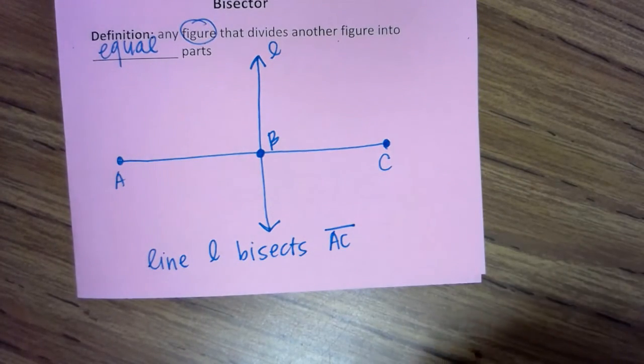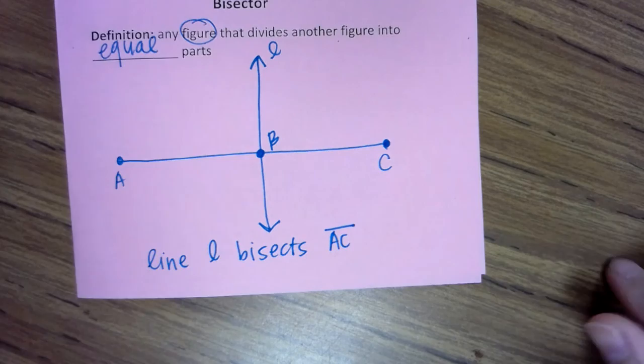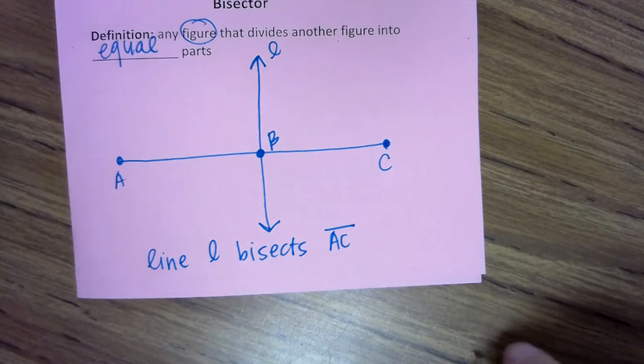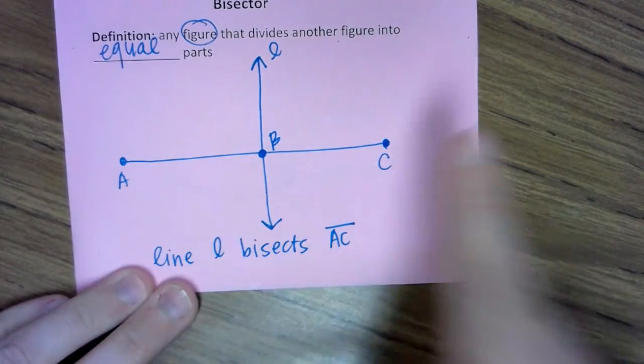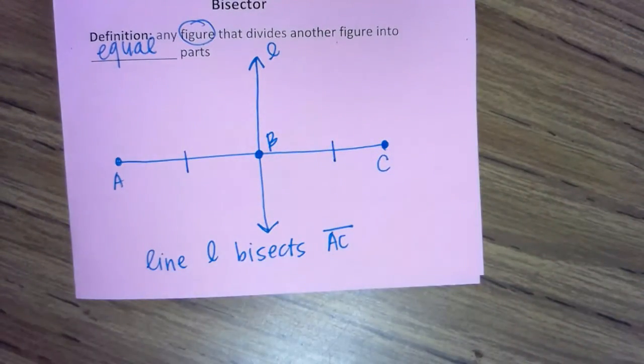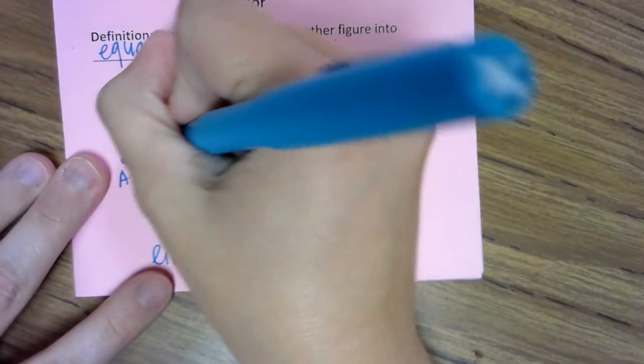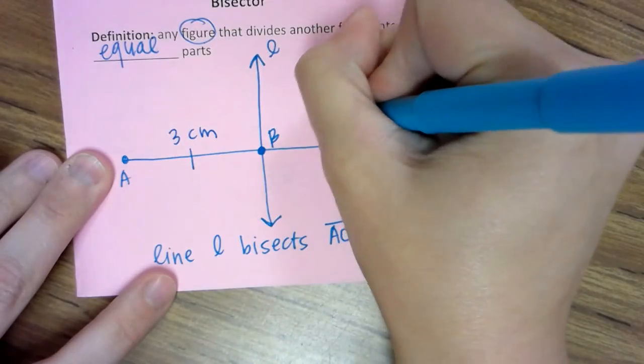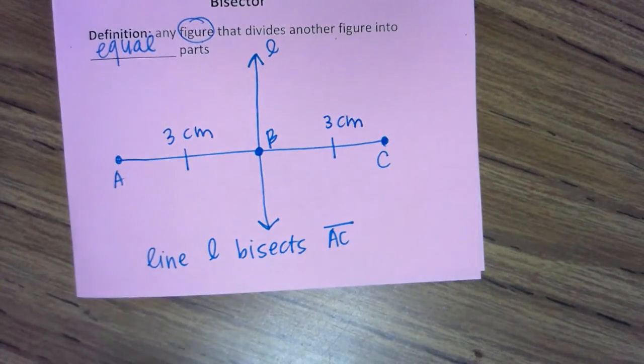Remember, that's only a valid statement if you know for sure. Do you know for sure that line L has cut this segment in half? I'm going to know for sure if I add these marks, or if I told you that this was 3 centimeters and this was 3 centimeters. So now this is a valid statement. Line L bisects segment AC. All right, that's all for 1.1.